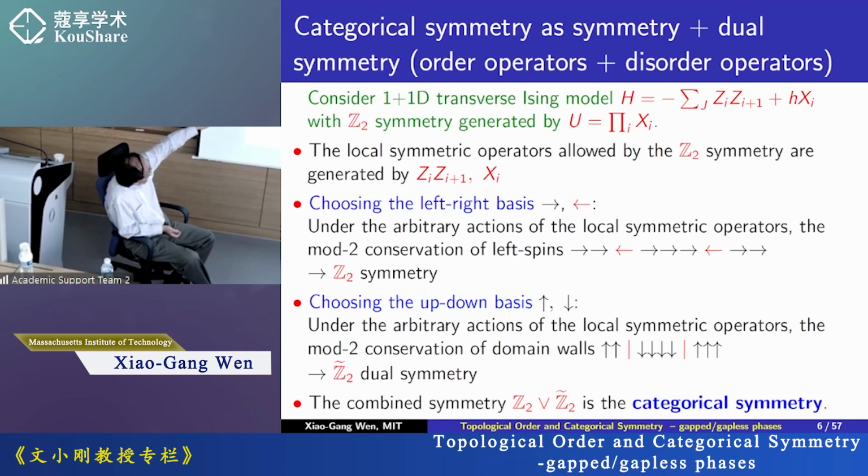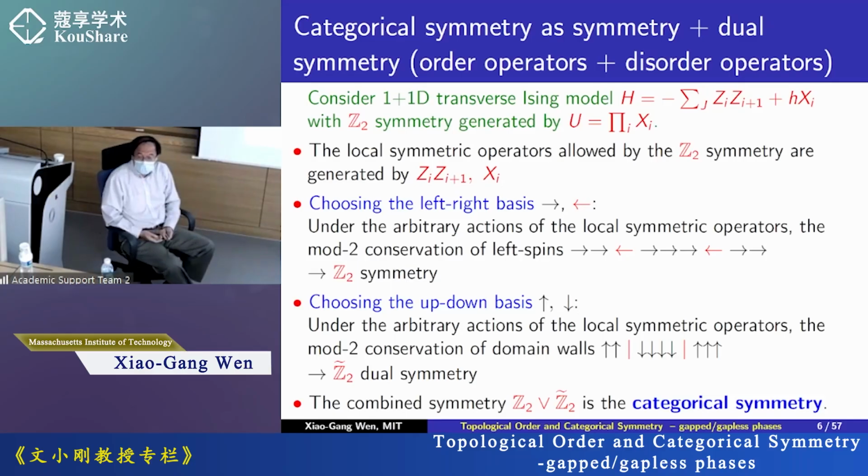That means we can only annihilate a pair of left spins, not a single one. And so we have mod 2 conservation. Only a pair of charges can annihilate; a single charge cannot annihilate. So that's using a fusion rule to describe Z2 symmetry. And just the conservation law gives us the Z2 symmetry.